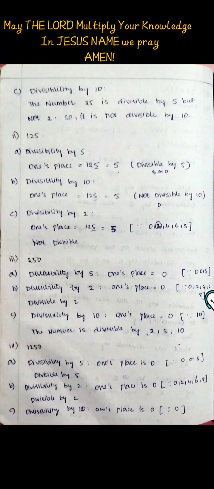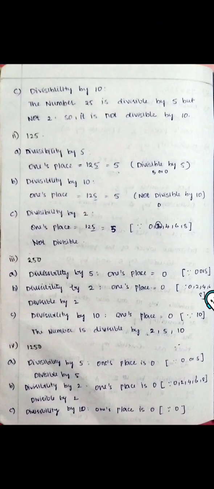Divisibility by 10. The number 25 is divisible by 5 but not by 2, so it is not divisible by 10. For the divisibility rule for 10, the ones digit should be 0, because if we check the 10 table, the last digit is always 0.